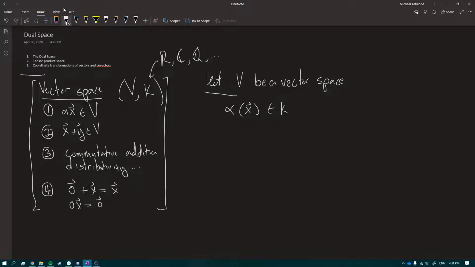Let me write K for generality. And if this map is linear, it's called a linear functional. So if alpha is linear, it is called a linear functional. And the neat thing about linear functionals is that they are typically in one-to-one correspondence with elements of the vector space. So let me show you an example of this.